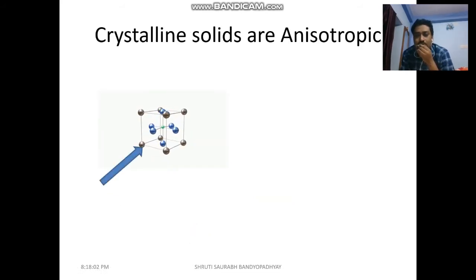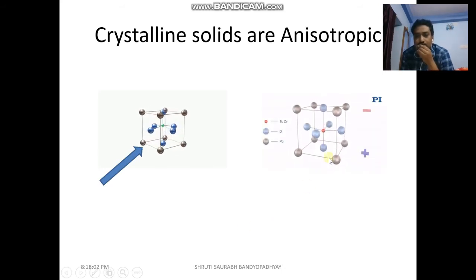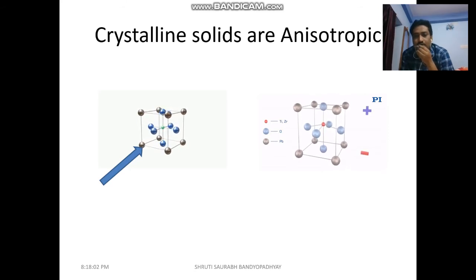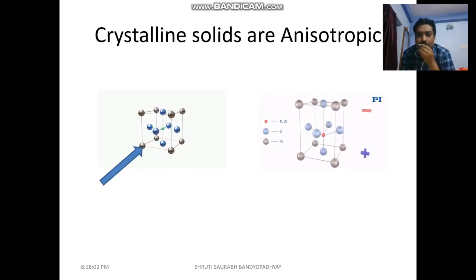For example, the piezoelectric effect we can see here, that on elongation or on compression, the electrical conductivity changes to some extent, and the directions that are involved in the measurement of electrical conductivity show us that the values will be different in different directions.